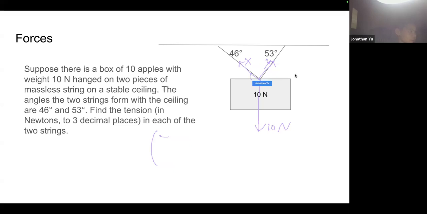This angle is 46 degrees, so the magnitude of its horizontal component is x times cosine of 46 degrees. Similarly, the vertical component is positive and is x times sine of 46 degrees. Then we do something similar for y. The horizontal component is positive since it's pointing right, and it's y times the cosine of 53 degrees.